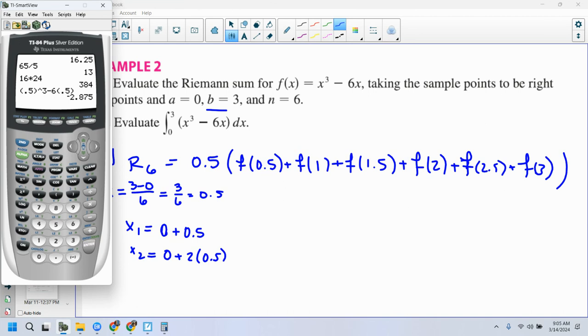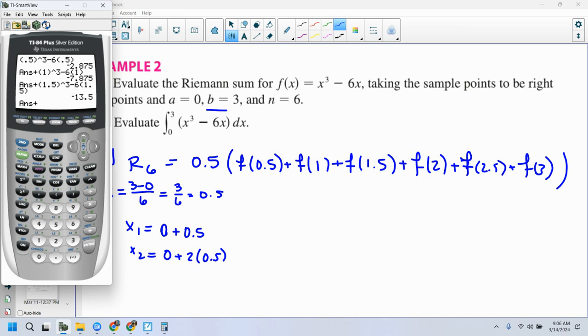Negative 2.875. Let me just make sure I'm plugging that in right. 0.5 to the third minus 6 times 0.5. Okay, good. And then I'm going to add 1 to the third minus 6 times 1. Plus, I'm just adding all of these y values, right? 1.5 to the third minus 6 times 1.5.